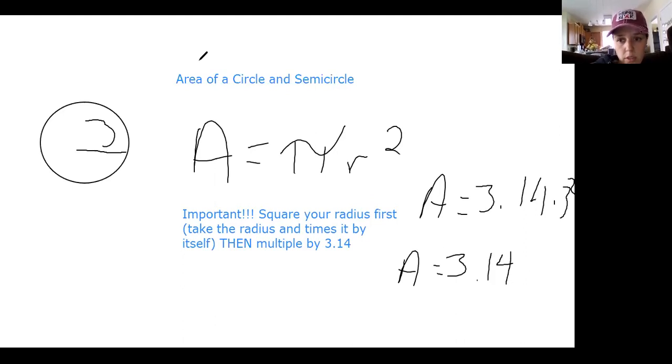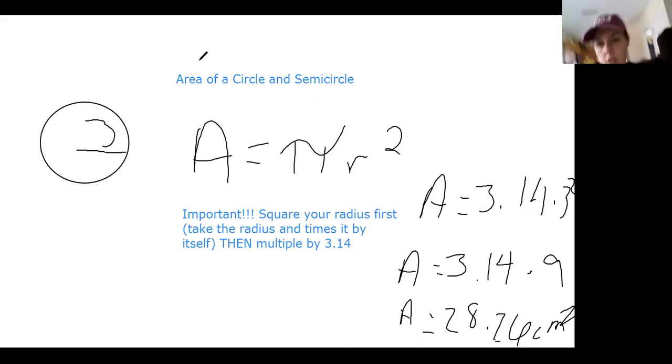So 3 squared is 9. And then we're going to take 3.14 times 9, which is 28.26. We'll just say centimeters squared. That's how we found the area. So we took the radius, we squared it, then times it by 3.14.